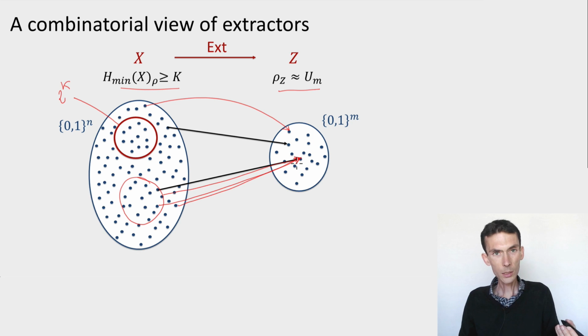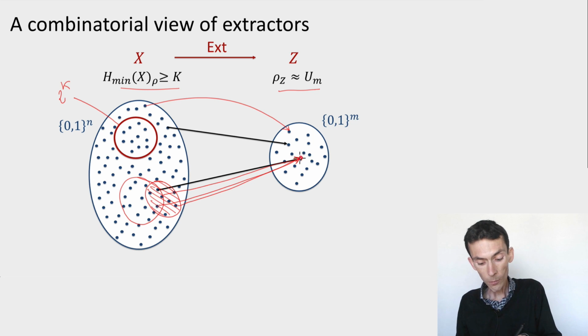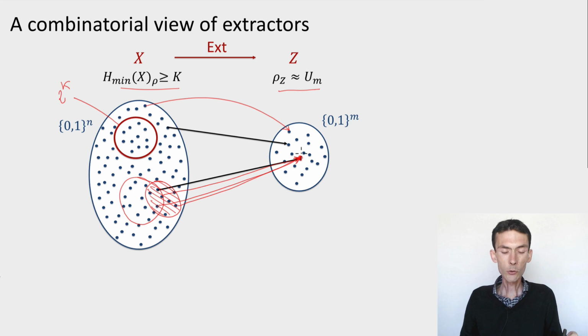And once I fix this function, so once all the arrows have been decided on, then I'll always be able to say, well, let me take my source X that is uniform on this set here, and then this is a set that would be completely mapped to the same point of my output, in which case the extractor would certainly not be secure, because for this source X, the output is completely determined.